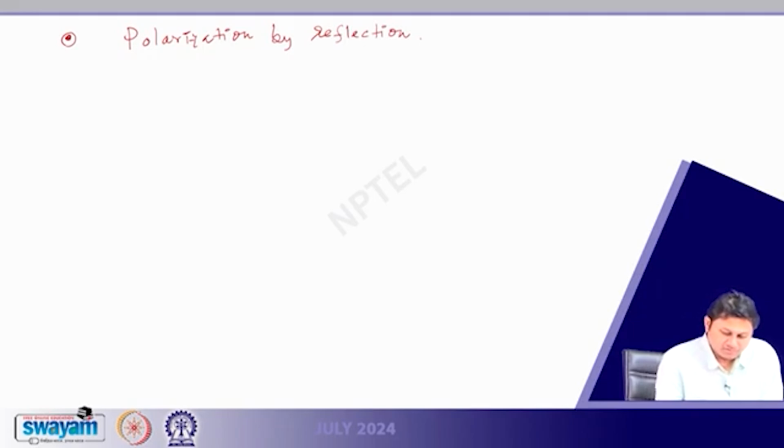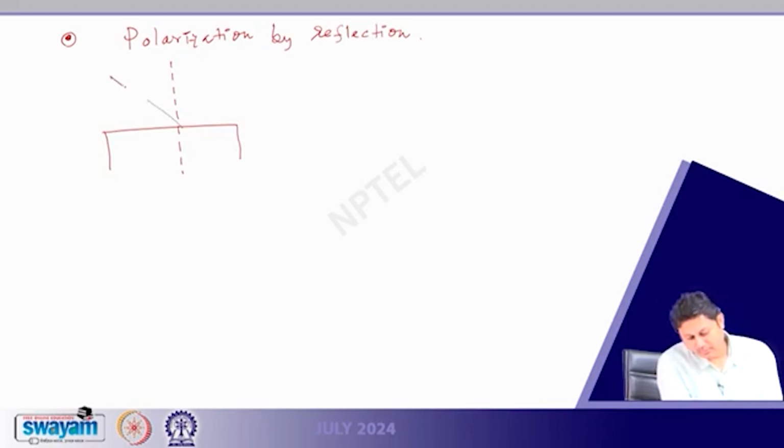After having the Malus law, now we will check what happens if I simply allow the light to reflect from a surface, and after reflection, what is the state of polarization. So, there is an incident light, and then there is a reflected light and a refracted light.